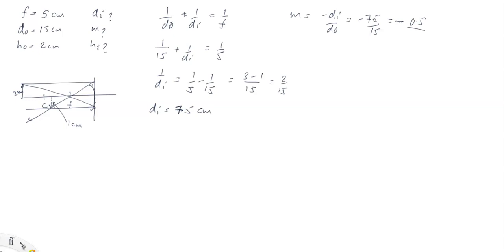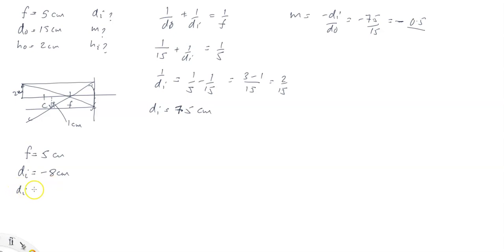Okay, this time let's say we have the same mirror, f equals 5 centimeters. It creates an image with di negative 8 centimeters.